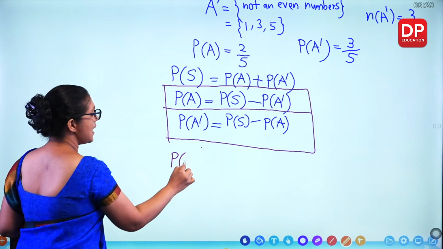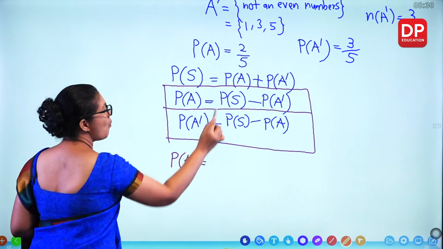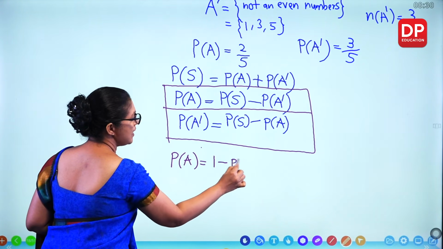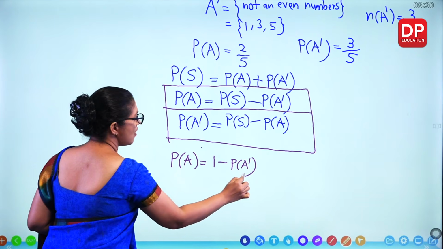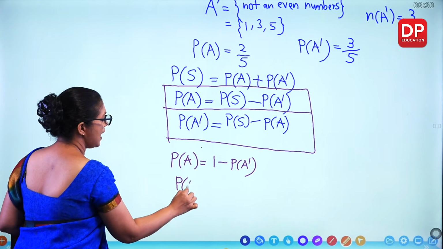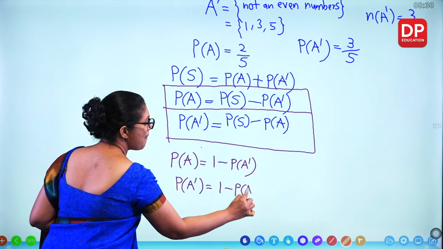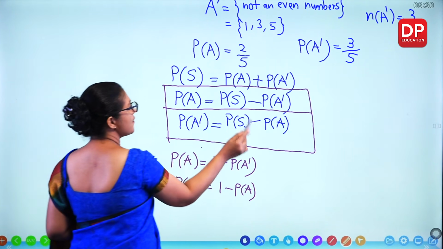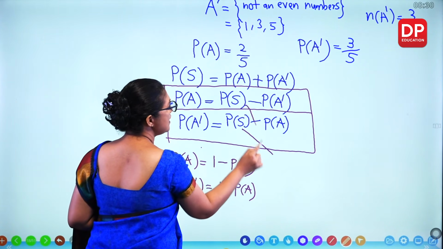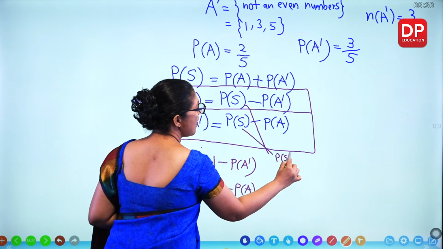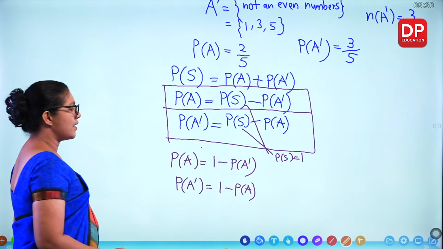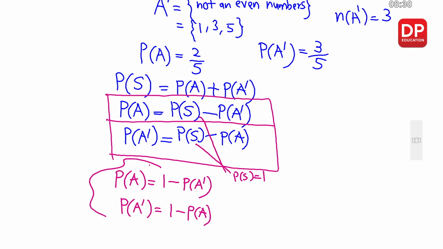P(A dash) is equal to 1 minus P(A). So what's the reason? P(S) I can write as 1. So remember this formula.